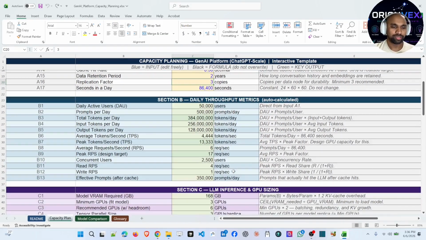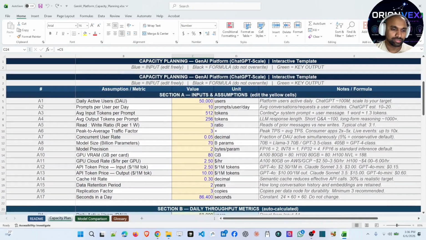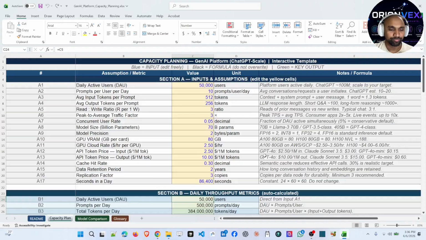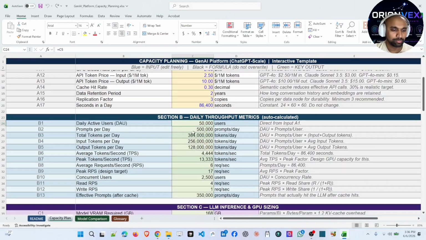Based on that, these are the daily throughput numbers. Daily average usage is 50,000, as we have seen earlier. Prompts per day is daily average users times prompts per user. Prompts per user is 10 per day, so prompts per day is around 500K.